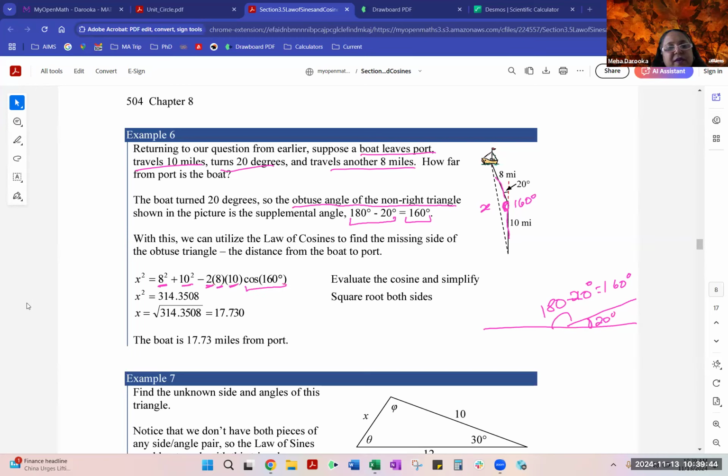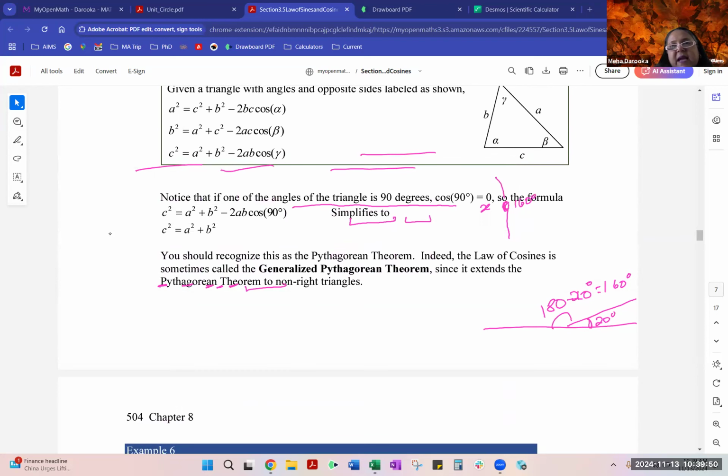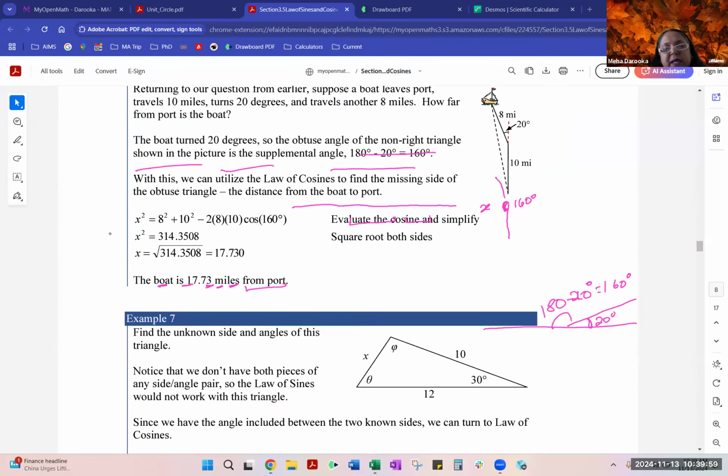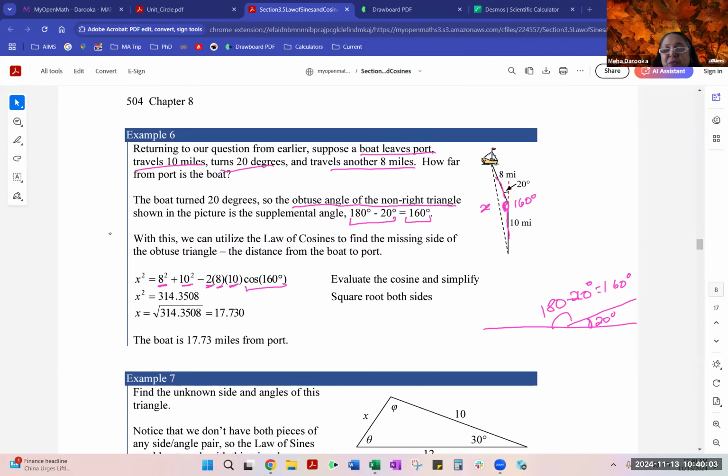Just to show you very quickly on the law of cosines, that's exactly how we set it up: the unknown side on one side, and then all the known sides and the known angle on the other side.